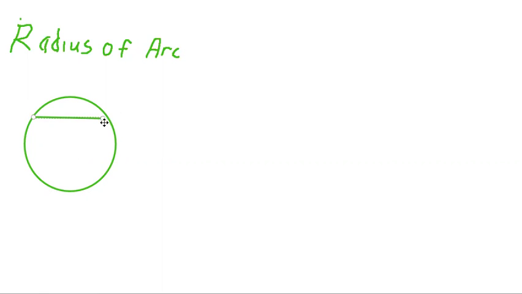Now, this little segment that I've drawn here is just called the arc, I guess, or maybe a segment, I'm not sure. But anyway, this segment has a chord length right here. We're going to go ahead and call that W. Okay.